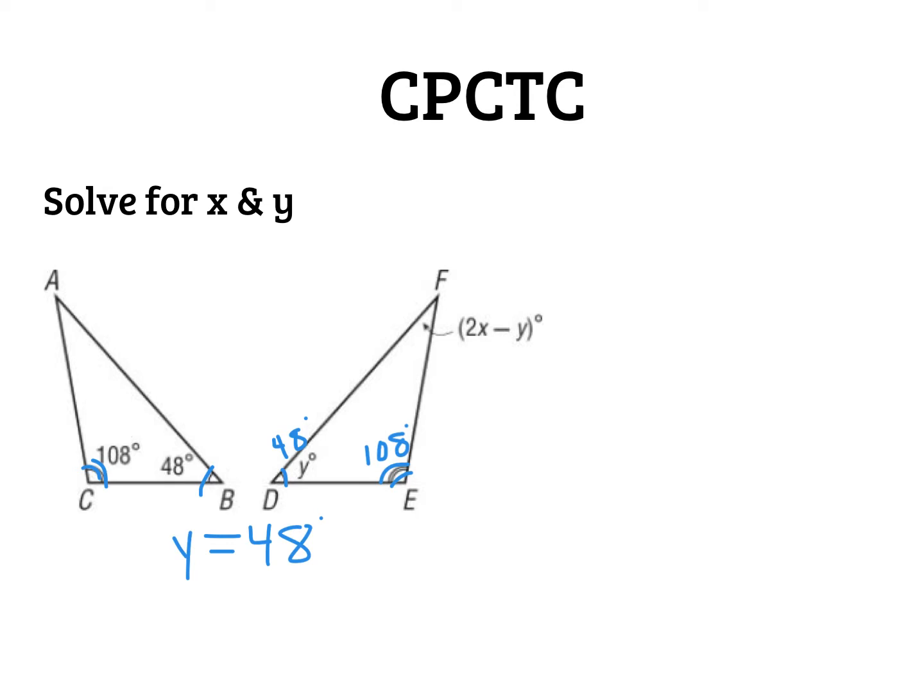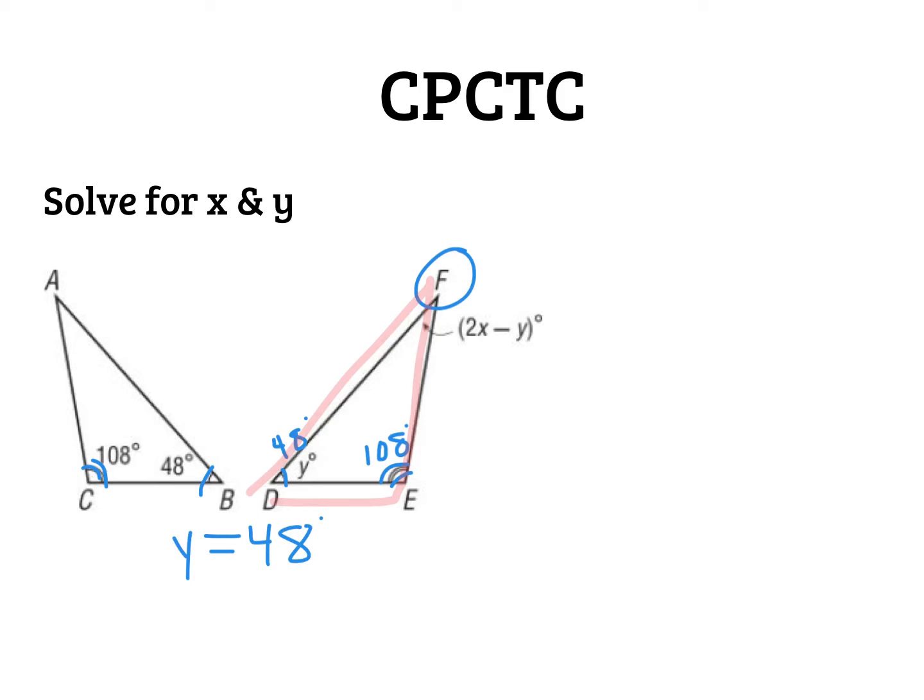Now I can solve for the value of x for this angle over here, because this whole triangle, I'm going to highlight it real quick. Now I know the measures of the triangle, and we know from the previous video that the interior angle sum theorem says that all the angles inside of a triangle add up to 180.